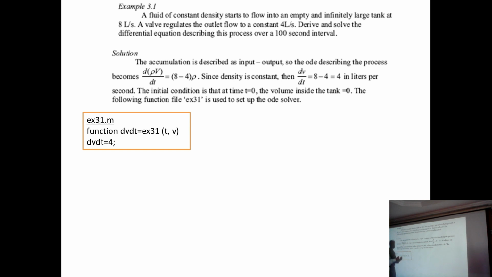Now what is the equation for dv dt? You have to write here. So here there is no equation, only a numerical value came. So you just write dv dt is equal to 4. If an equation comes, you have to write the equation. You will see that also. Here we only got the numerical value 4. Now we need to run. So we have to run by calling the ODE function.